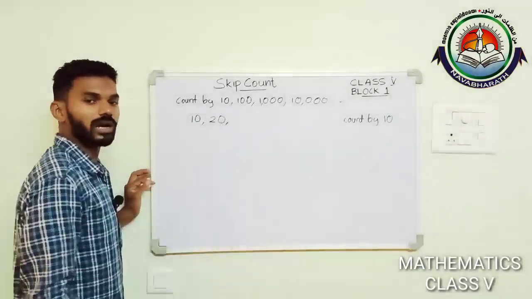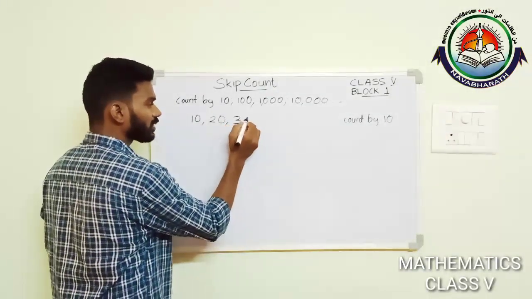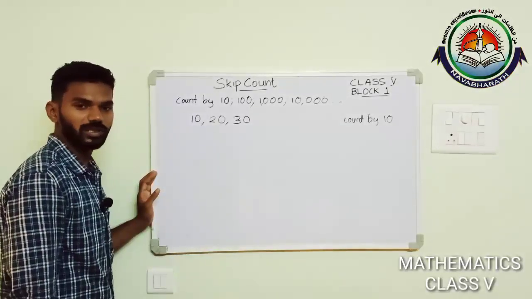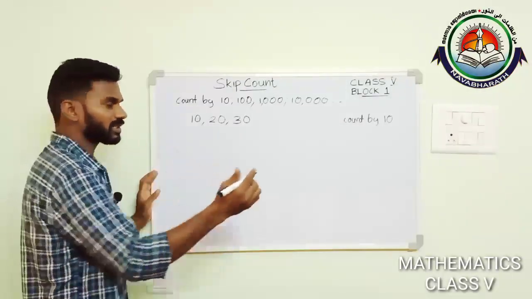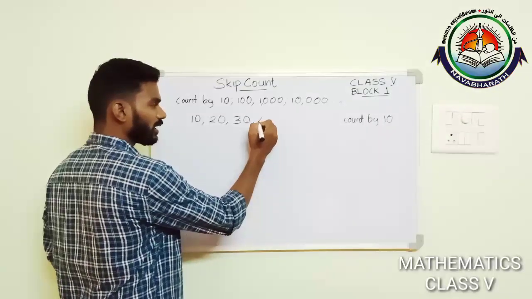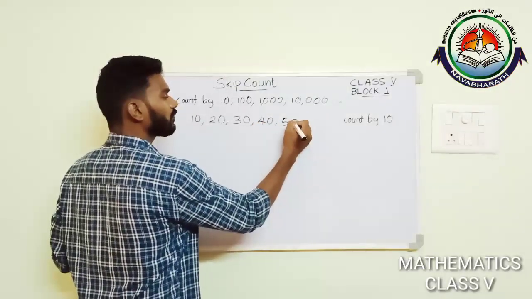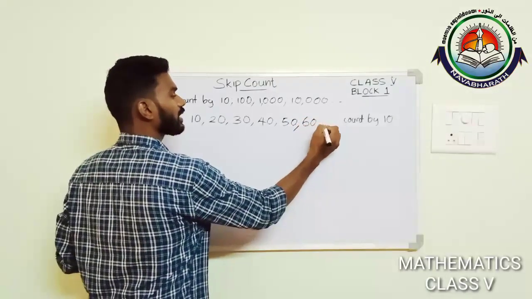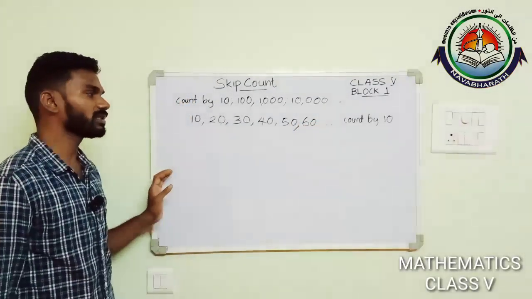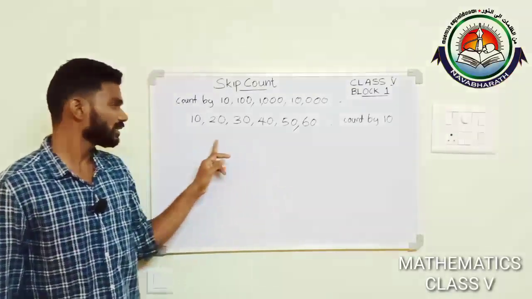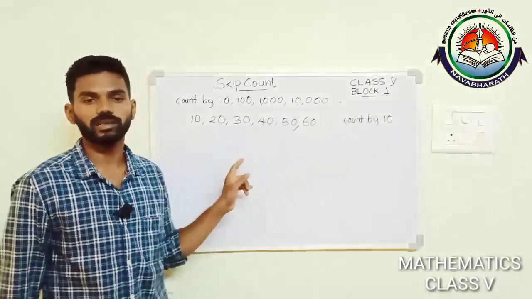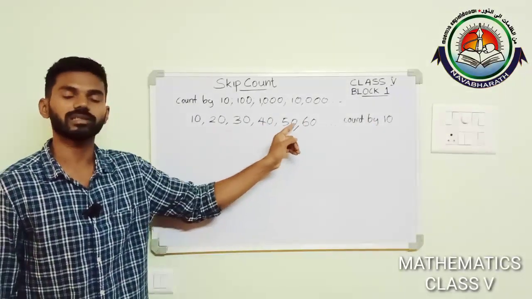Again you have to add 10, so that the answer would be 30. For obtaining the next number, again add 10. Answer would be 40. Next would be 50, 60, etc. So this is a count by 10. You just have to add 10.